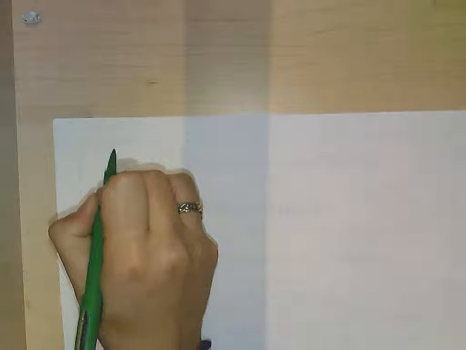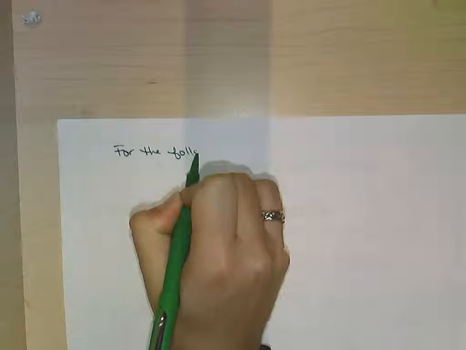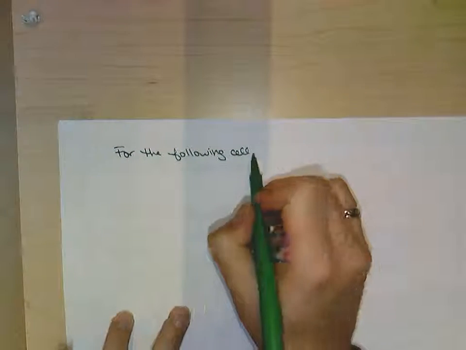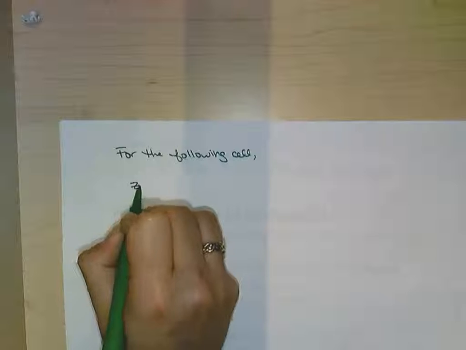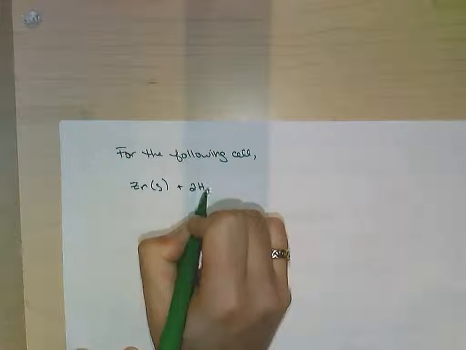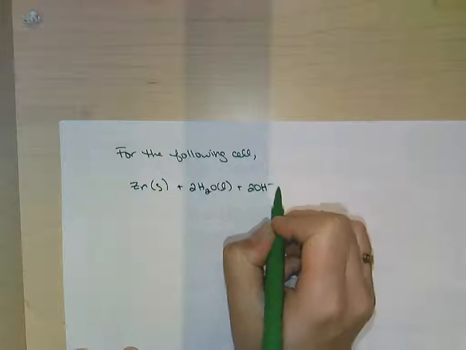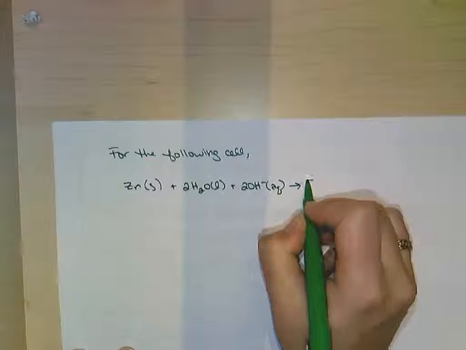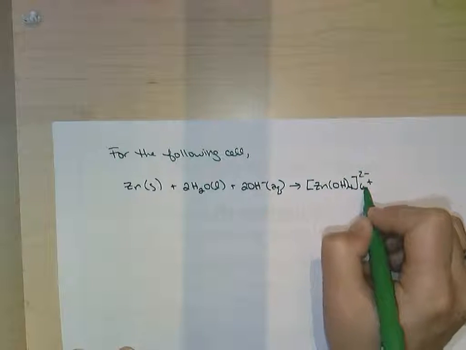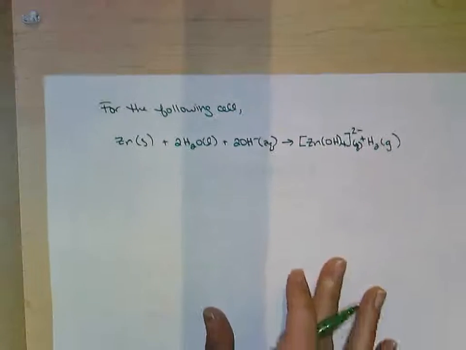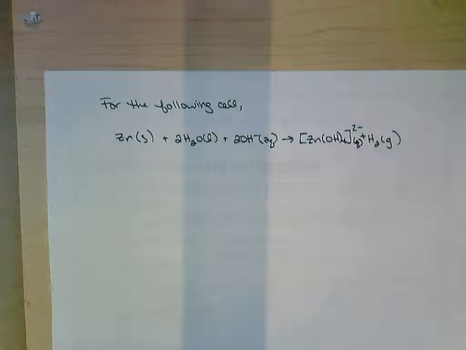So let's say, for example, we have the following cell. I have zinc solid reacting with water and hydroxides to produce a zinc hydroxide compound. That's kind of hard to see. This is a 4.